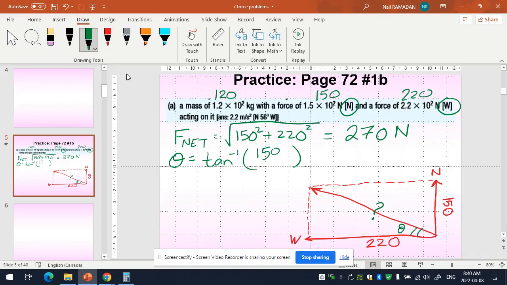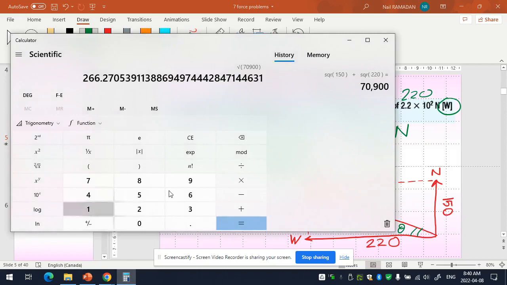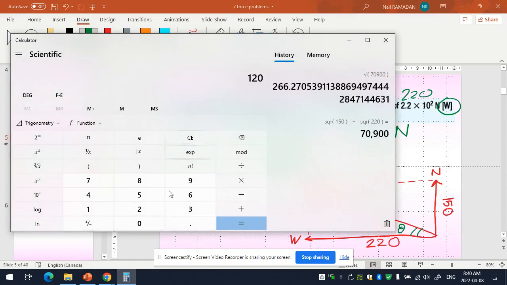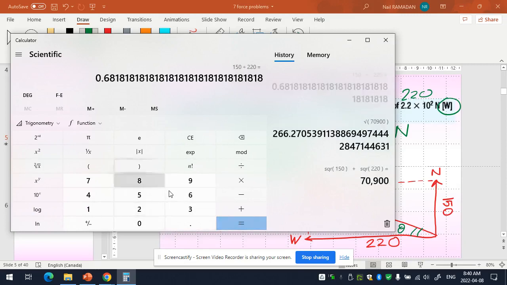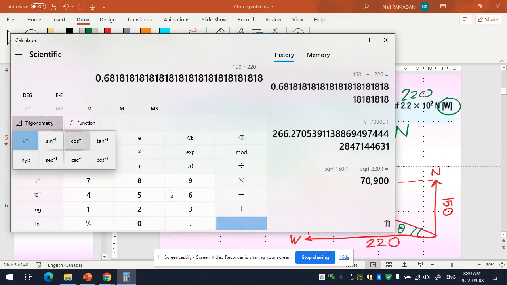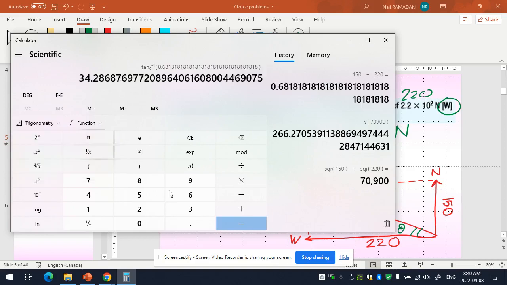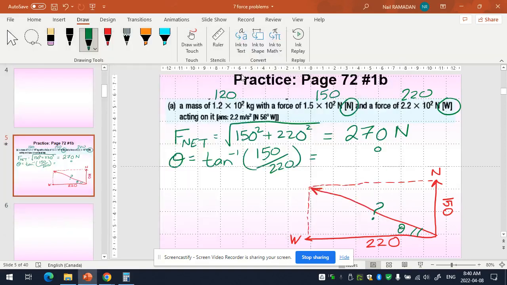I know it's less than 45 degrees for sure. So 150 divided by 220, then second and tan inverse. To 2 sig figs, that is 34 degrees. Apparently, they went with 56 degrees. Doesn't matter. 56 plus 34 is 90, which means we're both good.